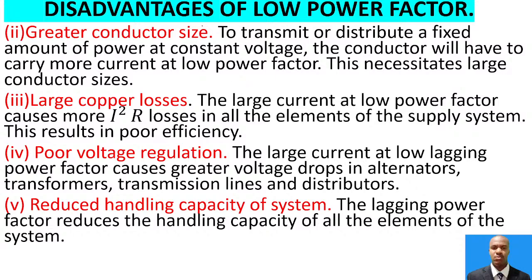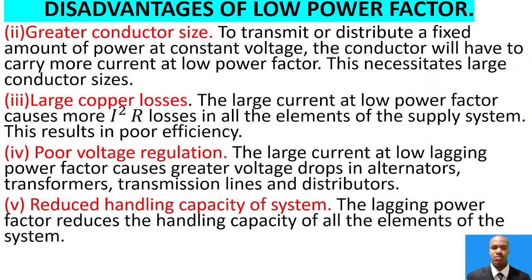As you had seen, in disadvantage number 3 there were large copper losses. Now with an improved power factor, it undoes that, and it leads to reduction in transmission line losses by making the transmitting current very small in magnitude. So that leads to very small losses.